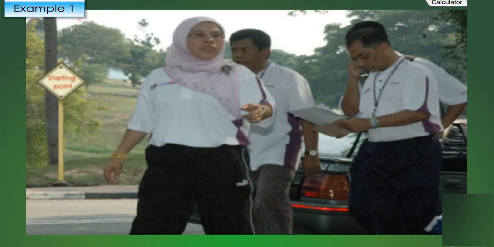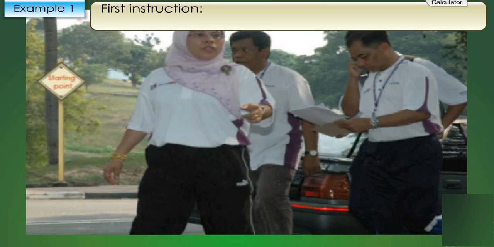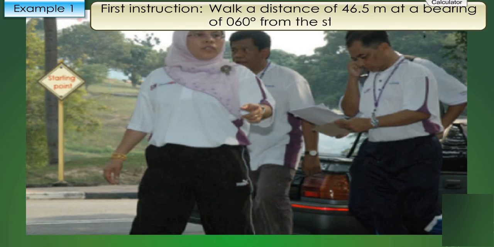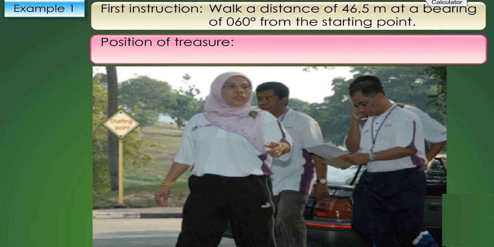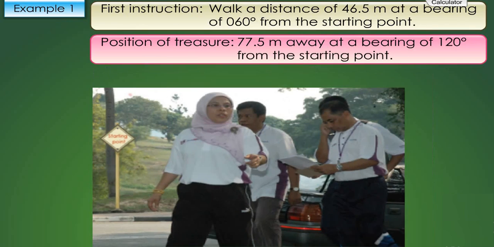Example 1. In a treasure hunt game, Murat's group was asked to walk a distance of 46.5 meters at a bearing of 060 degrees from the starting point. The treasure was actually 77.5 meters away at a bearing of 120 degrees from that starting point.